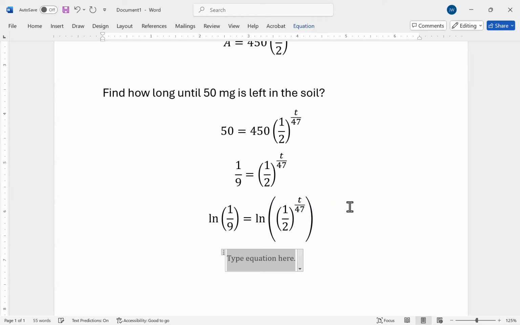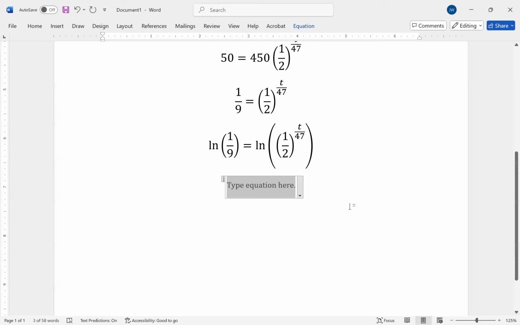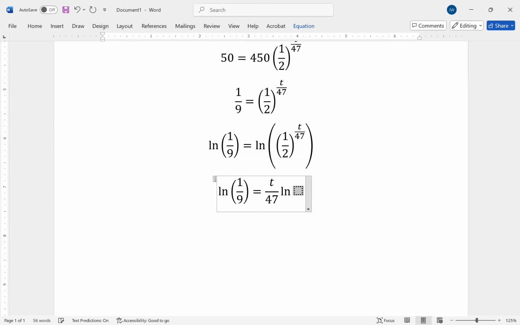Using the power rule of natural logs, I can set natural log of 1/9 equal to T over 47 times the natural log of 1/2. Now I can solve for T.